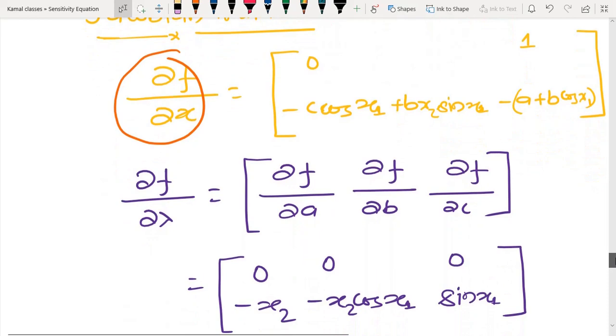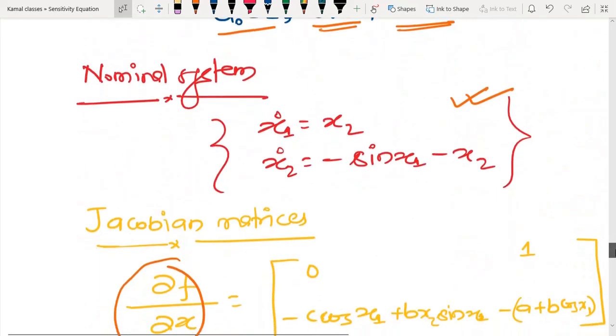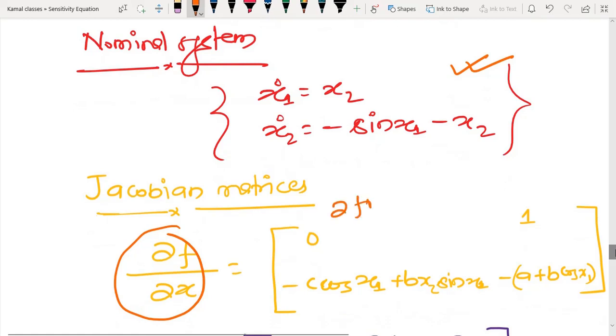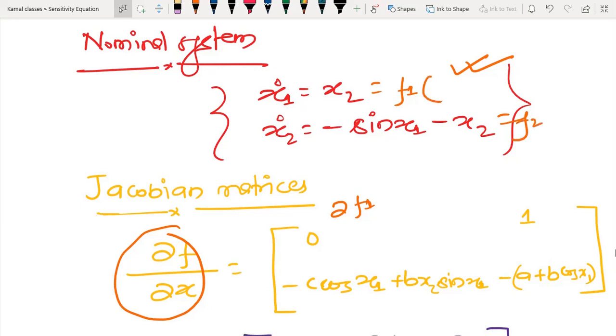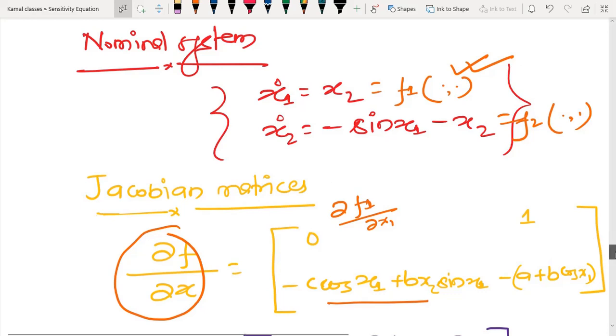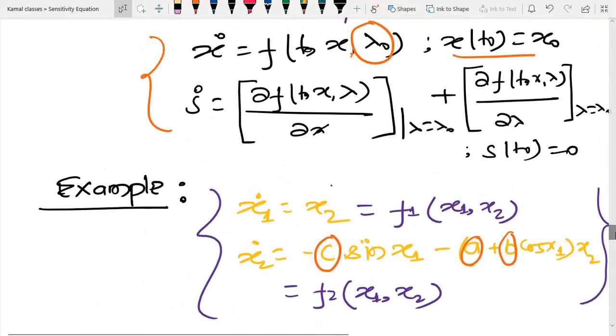After taking the partial derivative with respect to x, since I have two states, this is f1 and this is f2, which are functions of x1 and x2. So ∂f1/∂x1, if you do it, no x1 term is present, so this is 0. ∂f1/∂x2 is 1 because x2 is here. After that ∂f2/∂x1 comes into picture, because what we are doing is taking the Jacobian of the original function.